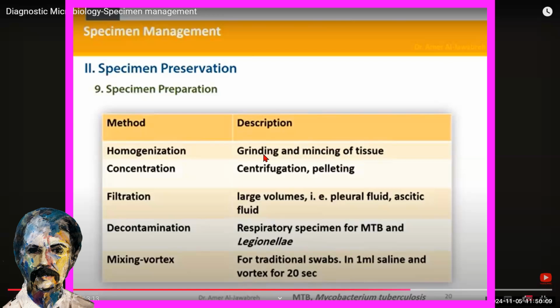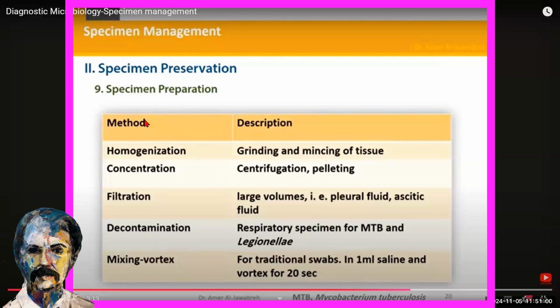What we do is add sterile saline to the swab, put it on the bench for 15 minutes, and after this, take the 1 ml and centrifuge. You decant the fluid, take the sediment, and vortex. Vortex means you have to dislodge, disturb the sediment, and take a drop and look under the microscope for the Trichomonas vaginalis. So this is mixing and vortexing. We use this for high vaginal swab.